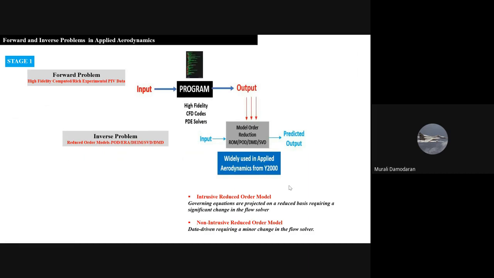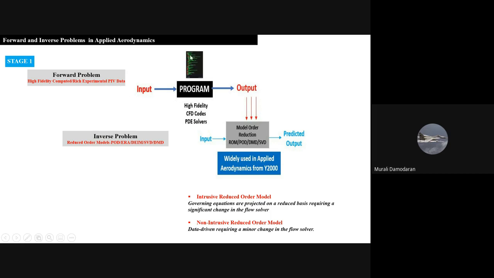Now, over the last couple of years, there is a new way of thinking in this field. So we look at the forward problem in our field. We have a problem to solve, say like a flow past a body. We do high fidelity computing or rich experimental PIV, which is a very costly experiment.